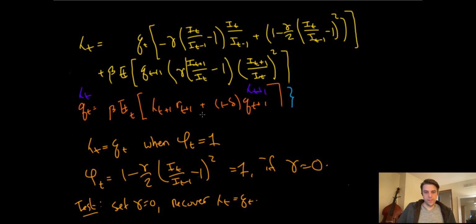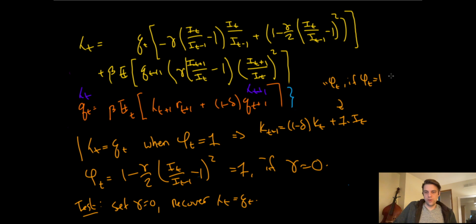Again, here's the logic. We know that in the base case, this is true. And we could consider the base case to be a special case of the penalty function, where phi t is always equal to 1, right? So our law of motion of capital, we're thinking about it something like this. It's going to be kt plus 1 times it, and this is like phi t if phi t equals 1 for all choices of it.